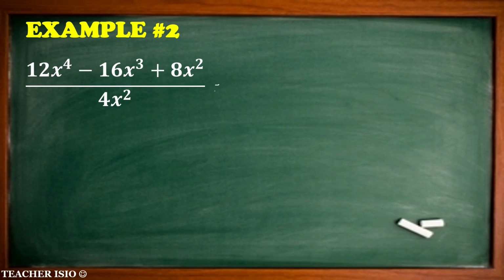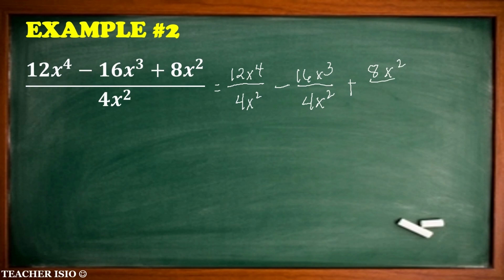So equals 12x raised to 4 over 4x squared minus 16x cubed over 4x squared plus 8x squared over 4x squared. Let's continue. So we have 12 over 4.